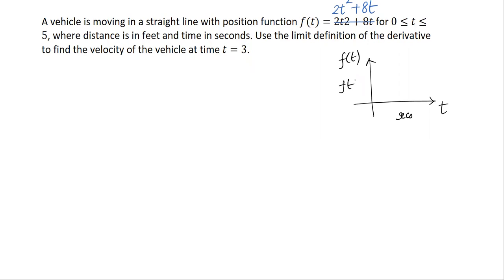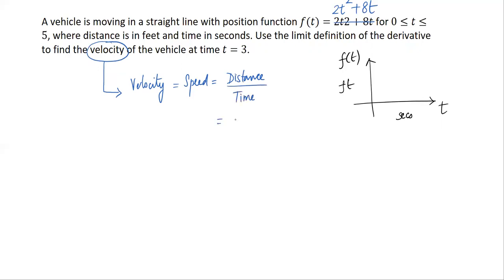And then we are told to find the velocity. They didn't say explicitly derivative or anything like that, but you have to understand what velocity is. Velocity is actually speed. Speed is distance over time.